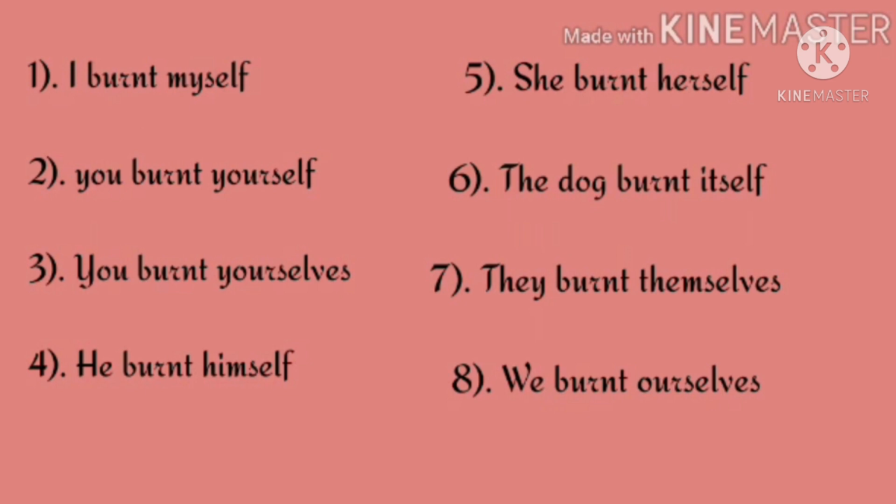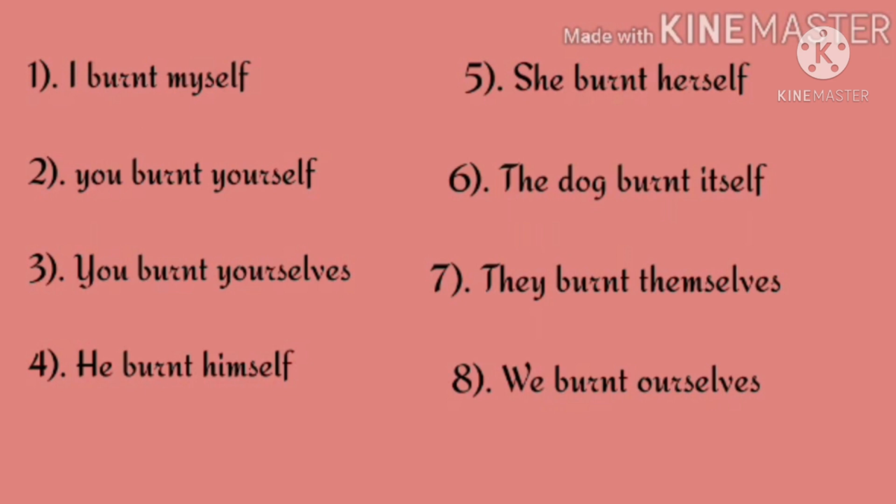Clear? So my dear children, from the examples, words like myself, yourself, himself, itself, themselves, ourselves, etc. are referring back to the subject, and so these words in English grammar are known as reflexive pronouns.